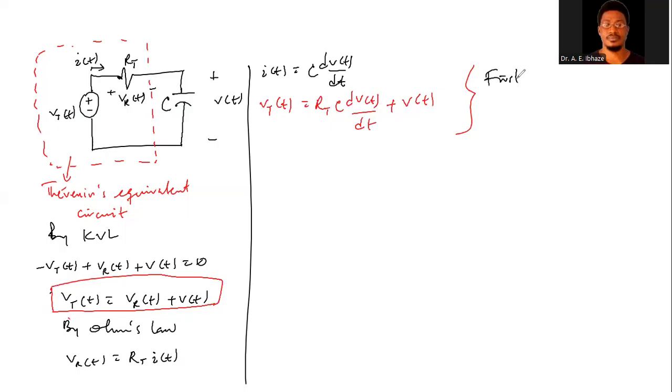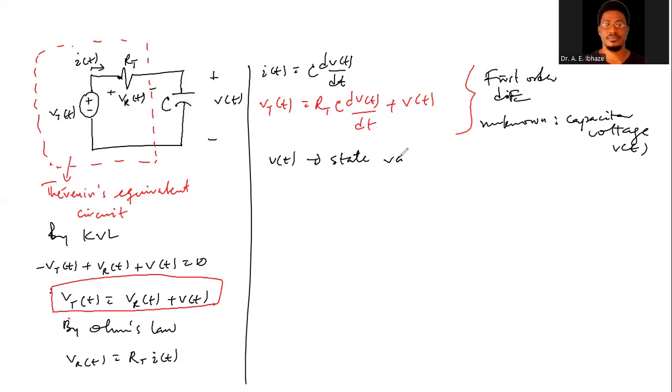So first of all, it's a first order differential equation, because the order of this differential equation is 1, and the unknown is the capacitor voltage V of T. And this capacitor voltage is usually referred to as the state variable, because the capacitor voltage describes the state or the behavior of the circuit at any time.